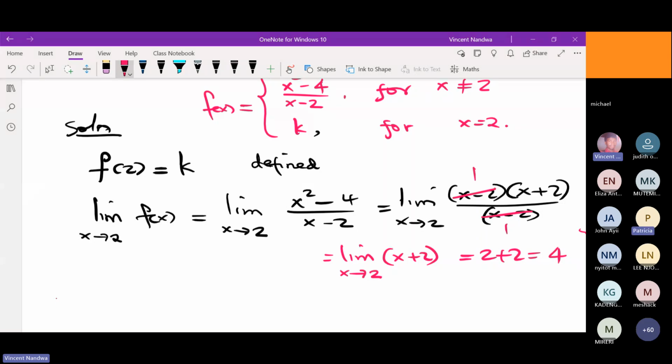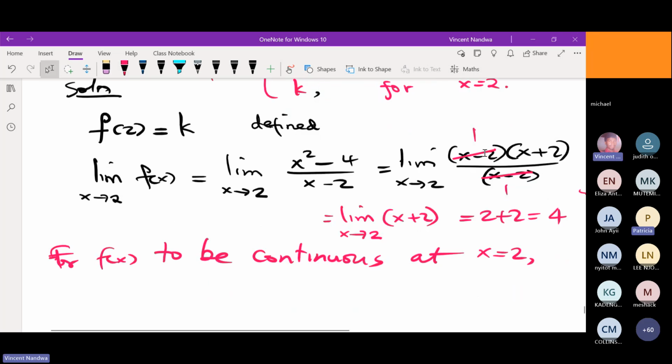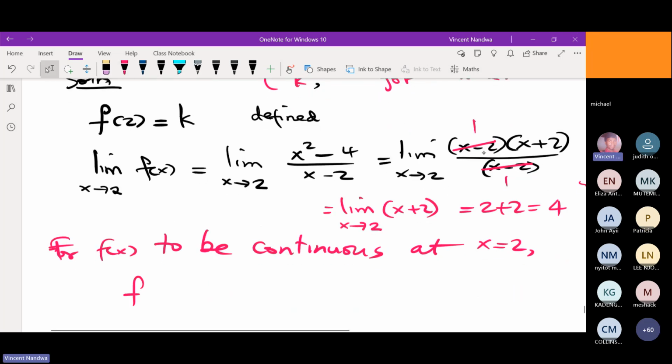So for f of x to be continuous at x equals 2, f of 2 must be the same as the limit as x approaches 2 of f of x.